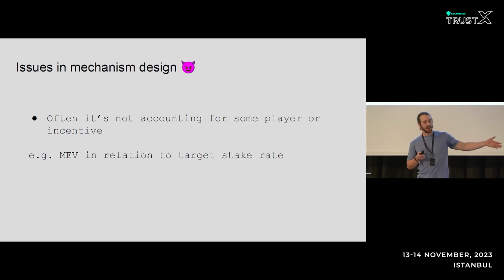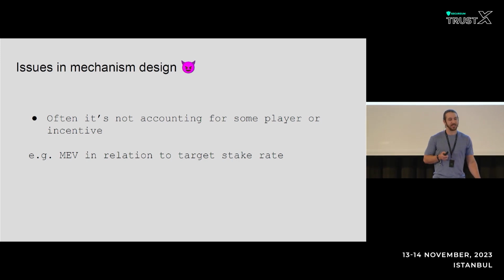Whereas in that time span between developing the beacon chain, launching the beacon chain, and instantiating the reality, MEV became a thing, right? So now there's a new player, there's a new incentive, and target stake rates, so assuming 30% or so of the network is going to be staked, goes out the window because we now have a new incentive and a new player in the game.